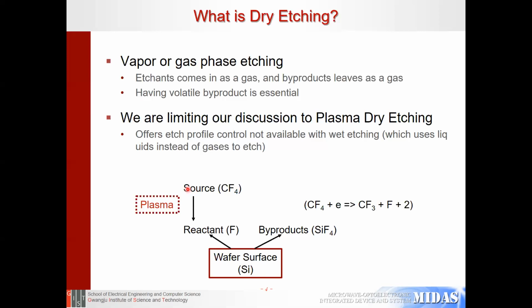Rather than starting out with the fluorine, we start out with carbon tetrafluoride, which is a very stable gas, and we use plasma to break up this gas into ions and electrons, which then react with the free fluorine, which then does the etching like I showed you before.